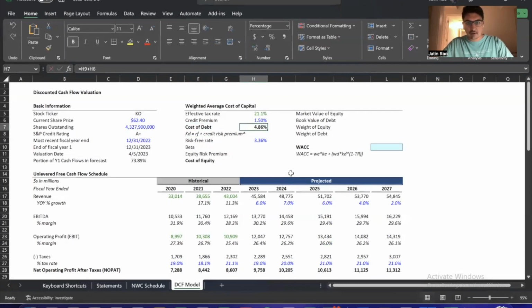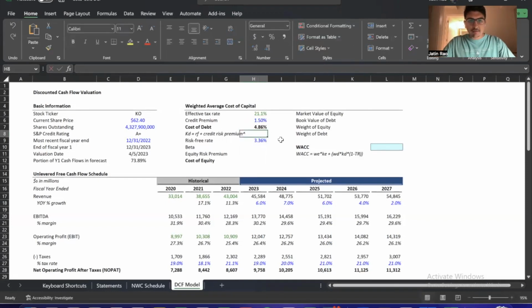And you'll notice that in our cell for the cost of debt, we calculated the risk-free rate and added onto it a credit premium based on Coca-Cola's ability to pay back its debt cash flows to its creditors, to its originators of debt financing, right?